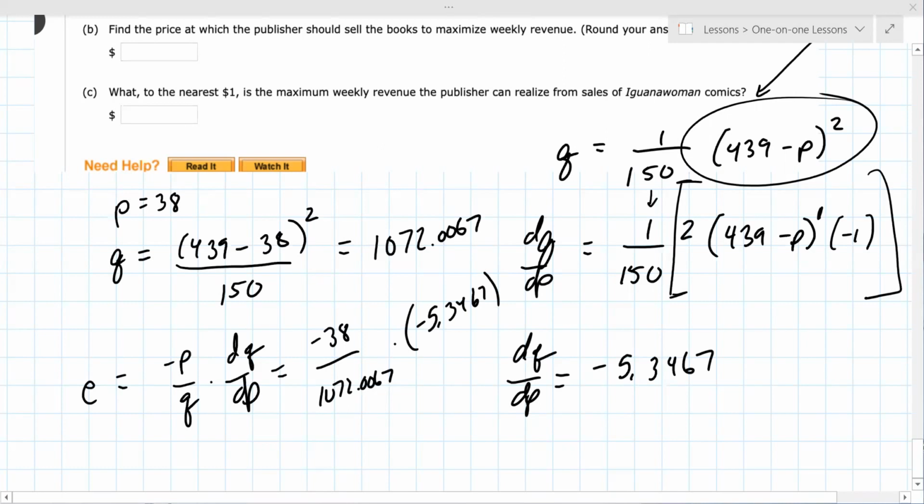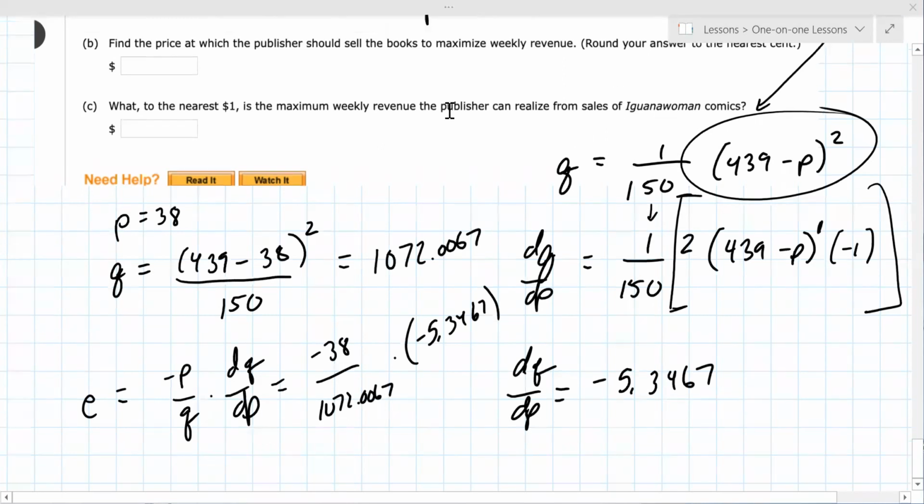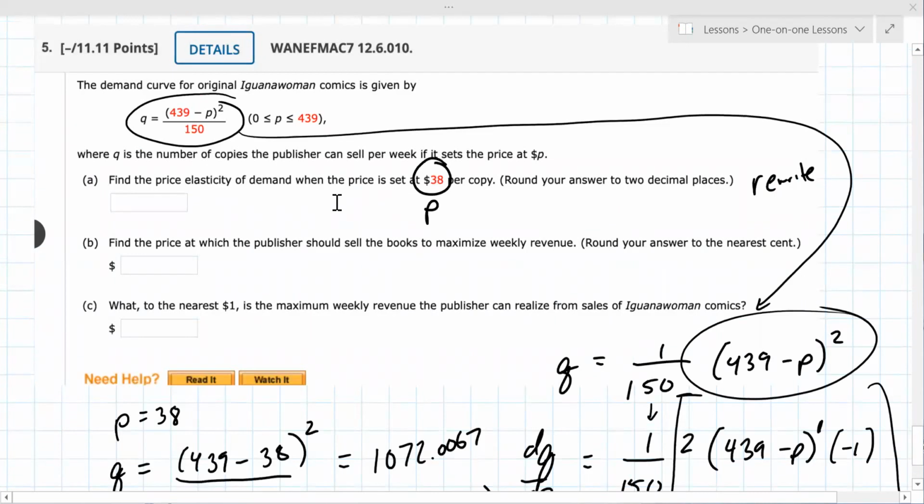And I get 0.20 for that. We should probably check that because a lot went into that. Yeah, that's not right.